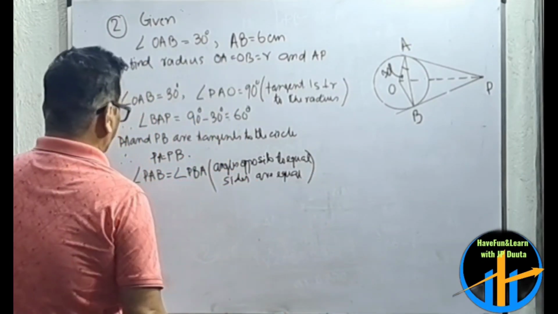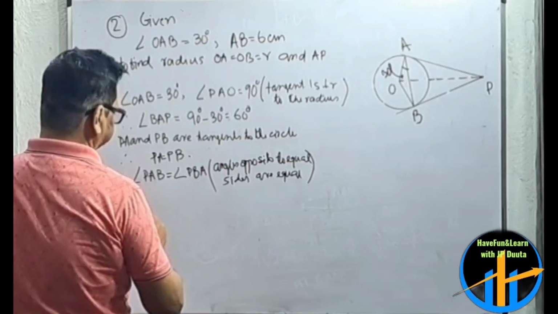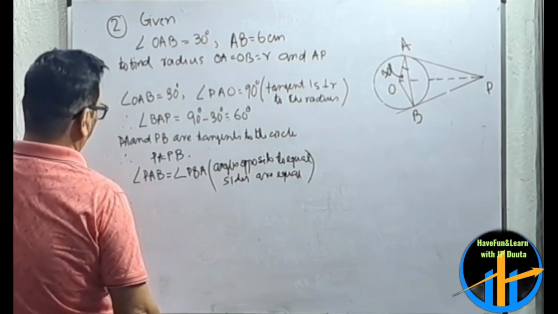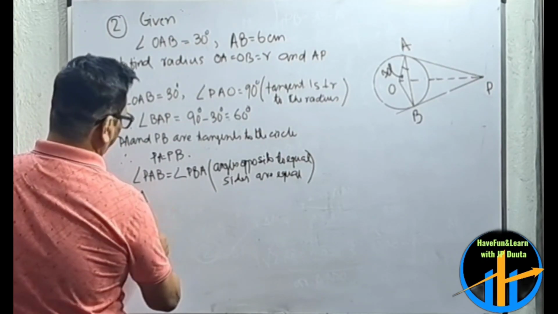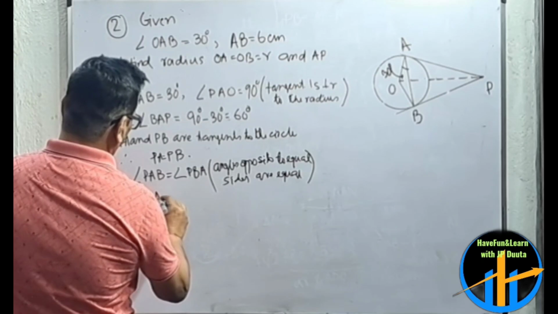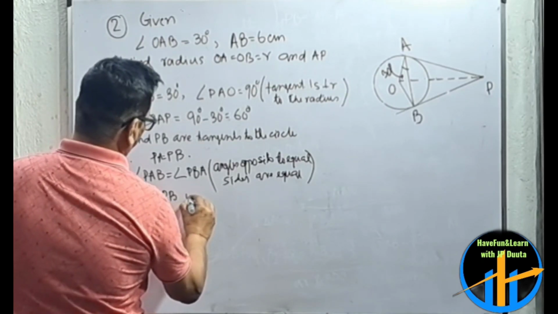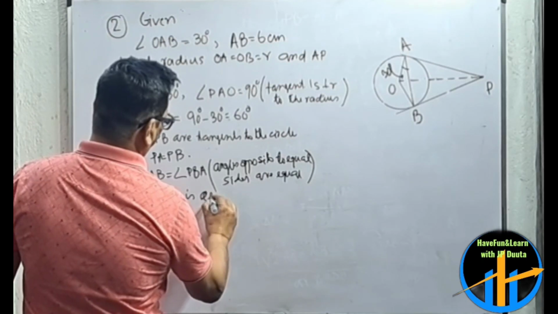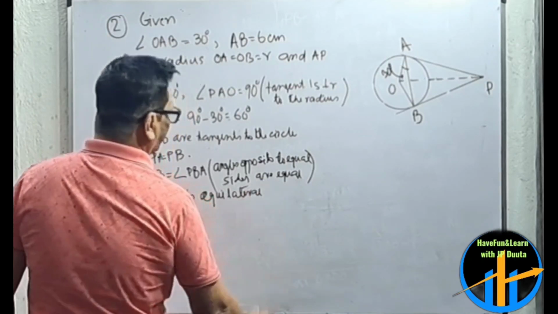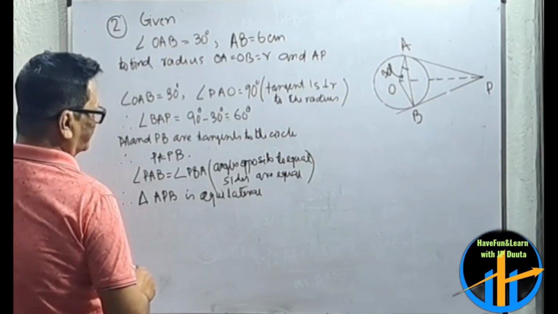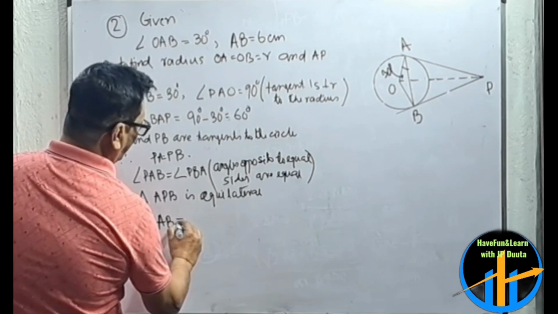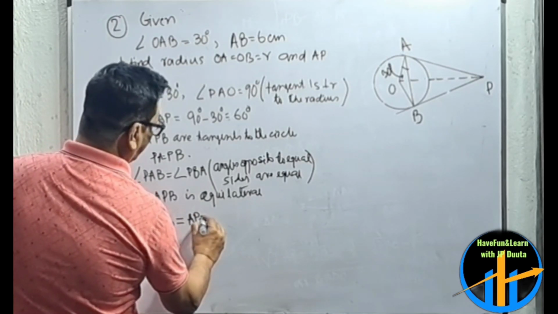Understood? So therefore, triangle APB is equilateral. Right? Because all the angles are 60 degrees. Therefore, AB is equal to AP is equal to PB.